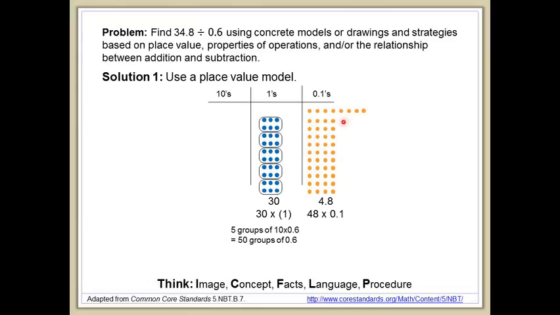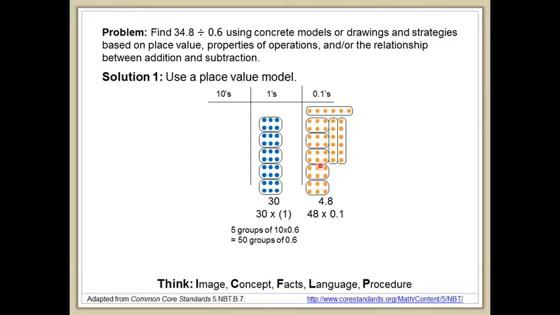So let's break the 0.1s into 0.6s, and there's one group, and now each of these groups is 0.6. Here are 5 more. Here's another. You can do this in a number of ways, and then when we get to the end, we need to kind of pull these together and make our last group. And it turns out there's nothing remaining here, which is a nice clean result.